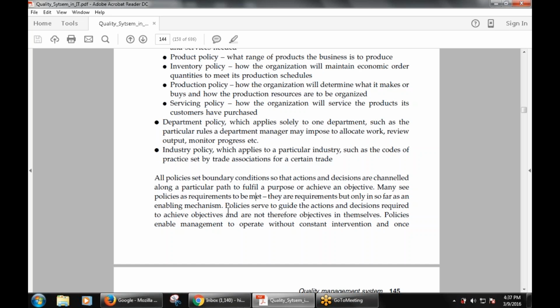If the organization has a main objective to maintain the document policies and procedures, that is maintained by using the department policy, inventory policy, production policy, as well as the product policy.